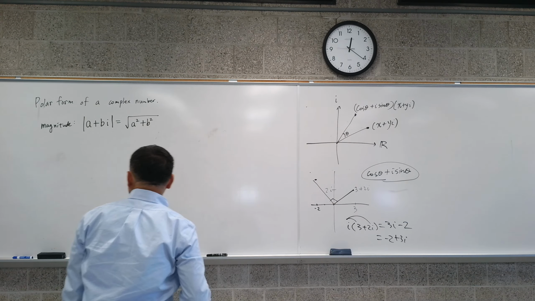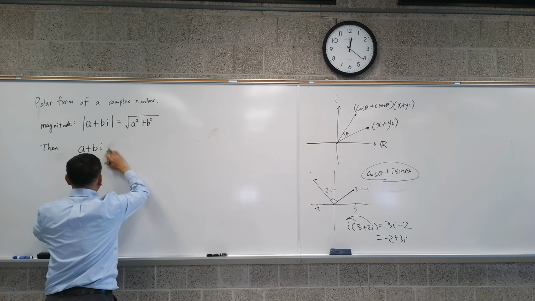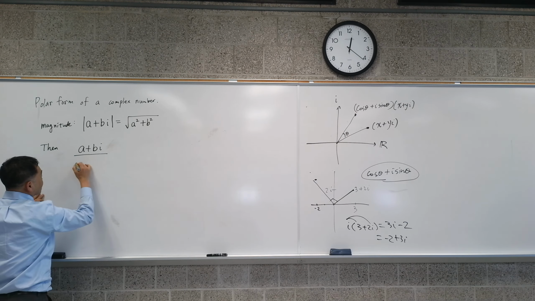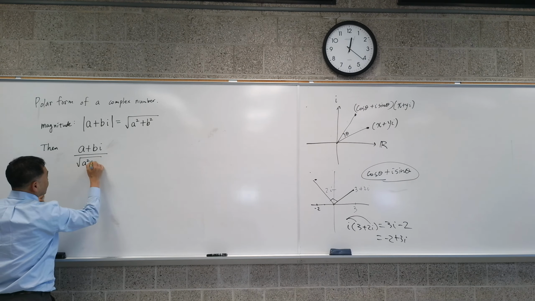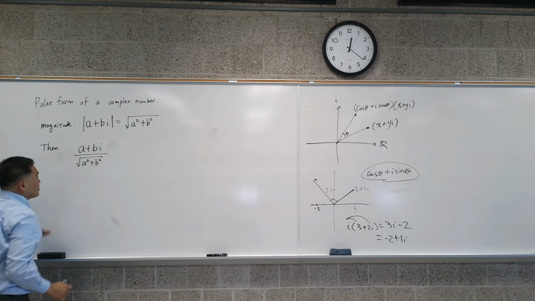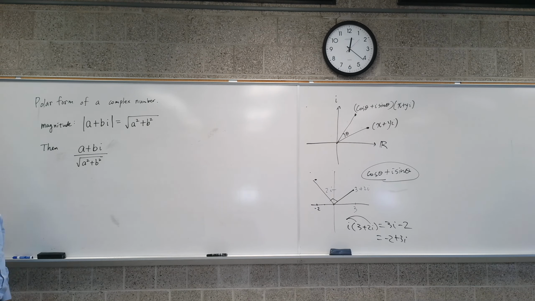And then a plus bi can be thought of as, well, let's do this first. You take any vector and divide it by its size. What do you get?